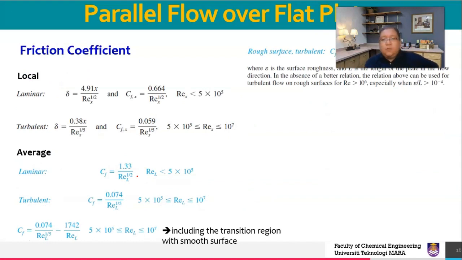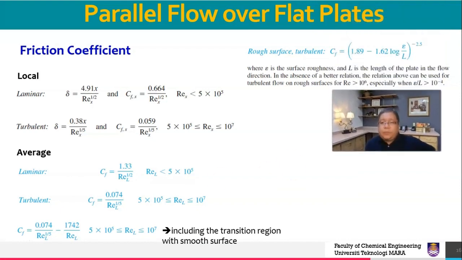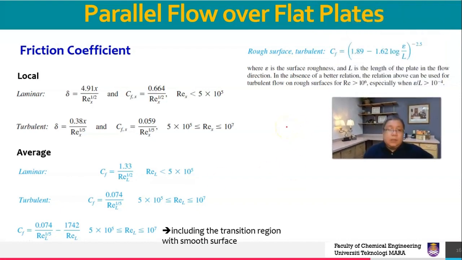Okay, we are moving into much more specific calculations. So we have the local and average value of CF, or coefficient of drag. Okay, drag coefficient, whether it is local or average.